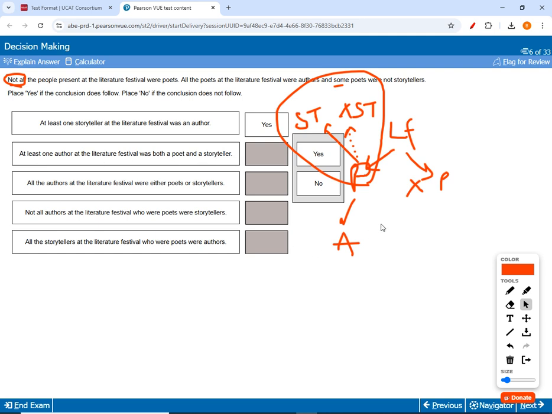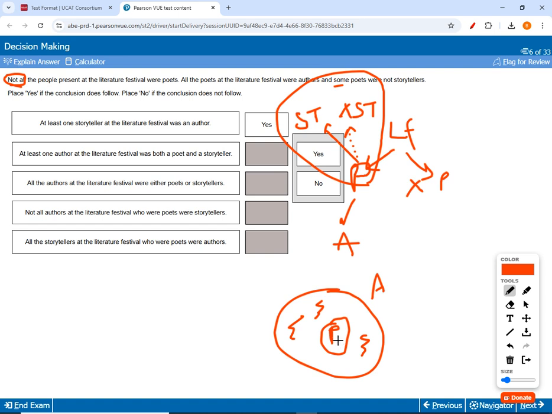Next: at least one author was both a poet and a storyteller. I know I'm not allowed to go back, but let me give you some inspiration from the Venn diagram perspective. All poets were authors. Agree so far? There is other vacant, empty area where other people can also be authors.